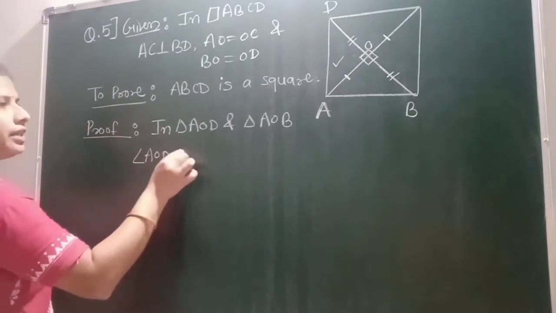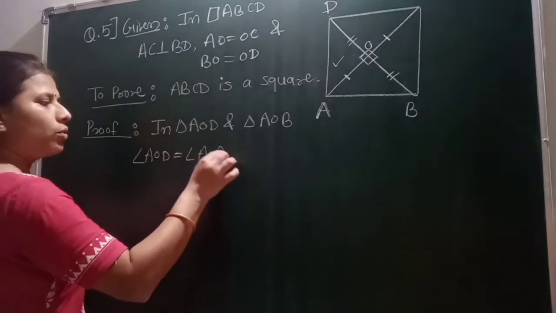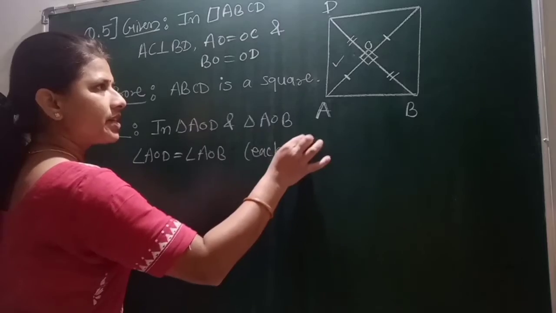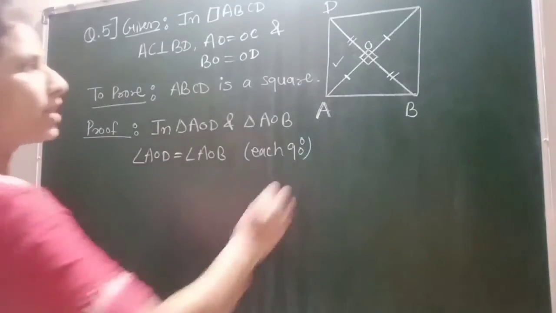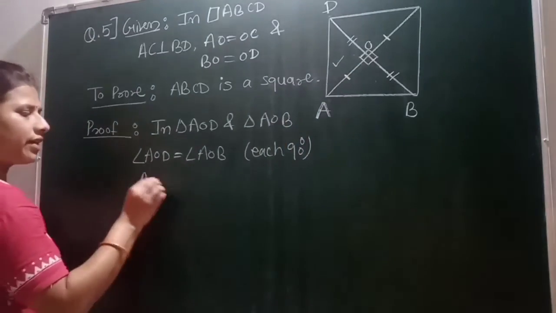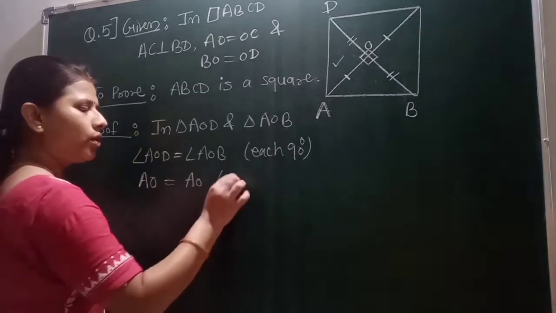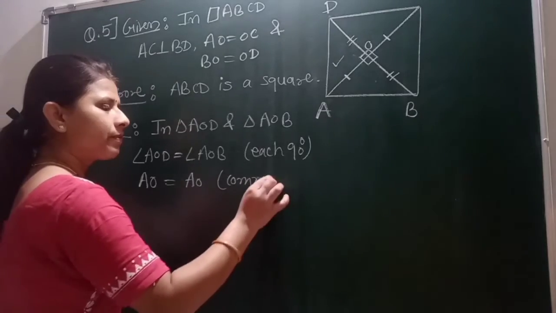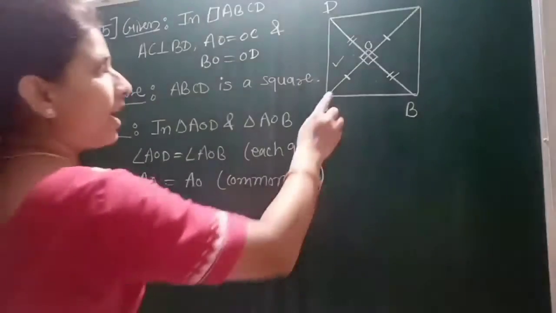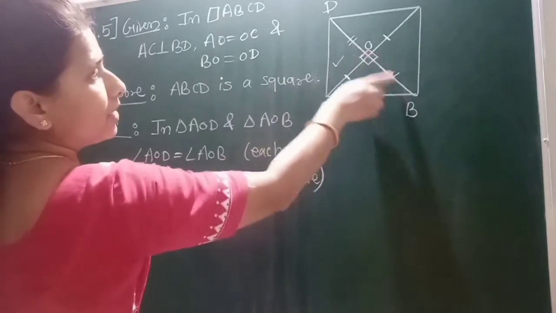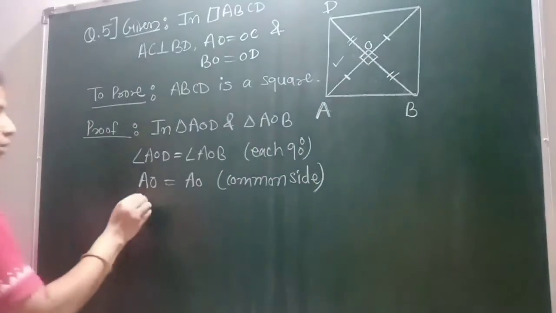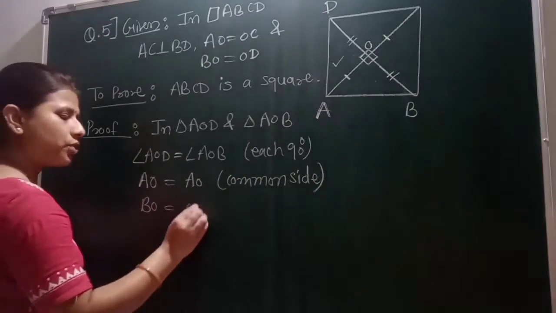Angle AOD equals angle AOB, each 90 degrees. First thing is given here, and you can see this AO is common in both the triangles, so we can write AO equals AO, common side, and then as it is given that this diagonal is bisecting, it means BO equals OD.